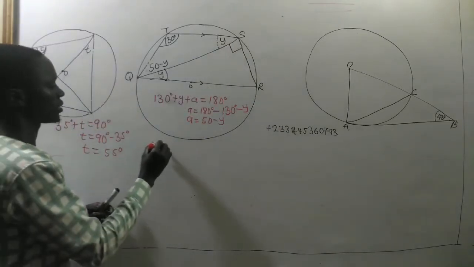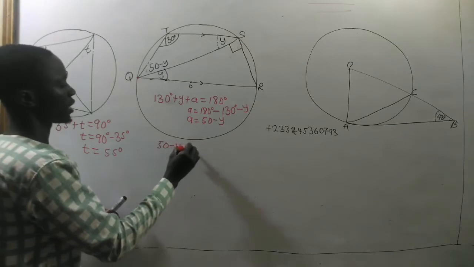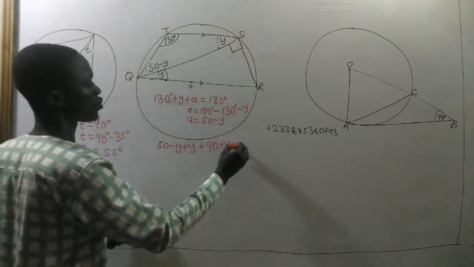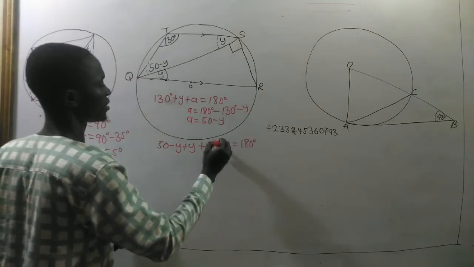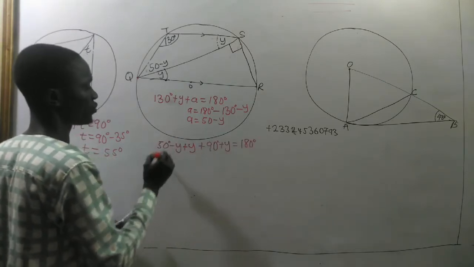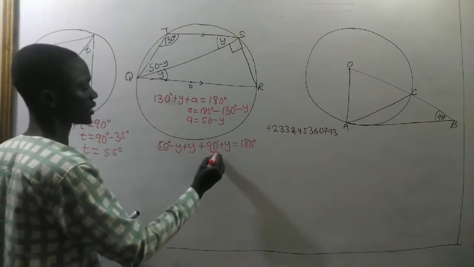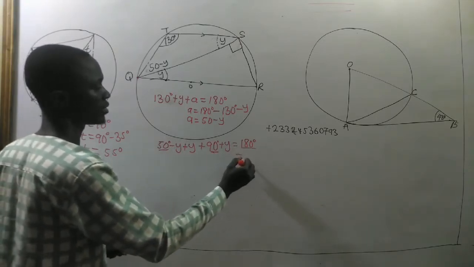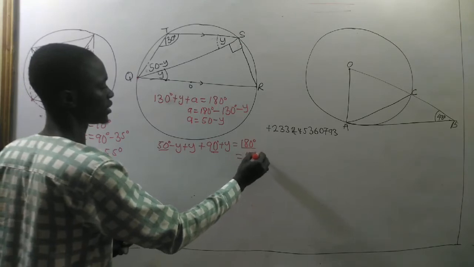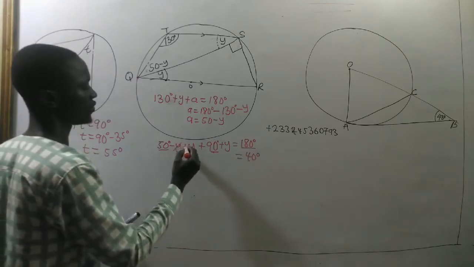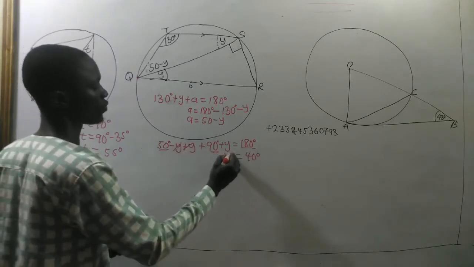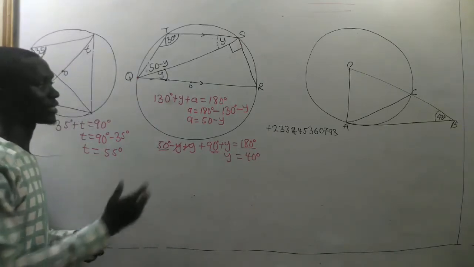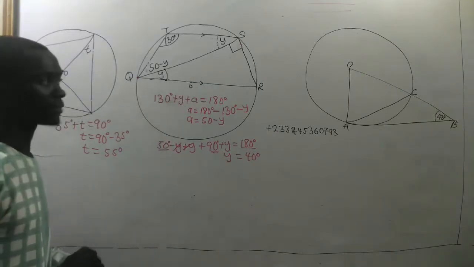So, you write 50 minus y plus 90 plus y equal to 180 degrees. And that you have 50 plus 90 is 140. If you subtract it from 180, you get 40 degrees. Here, negative y will cancel positive y, and you have y equal to 40 degrees. Very simple as that. Let's go to the next question.